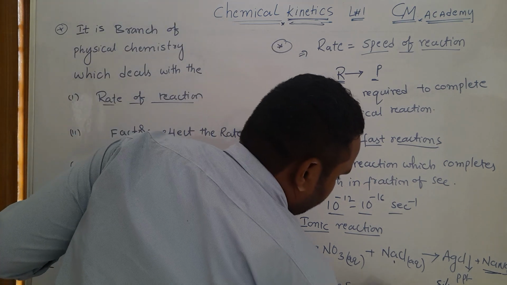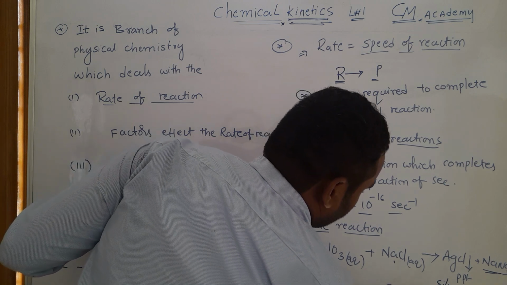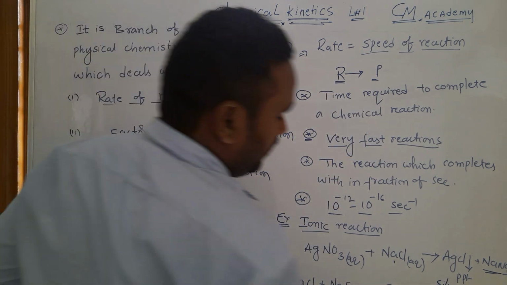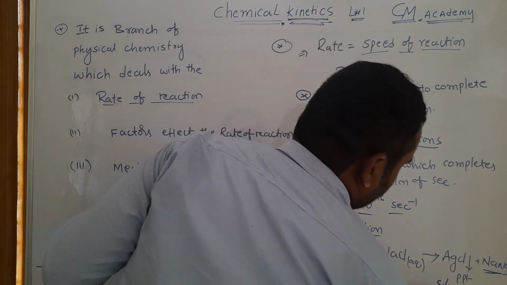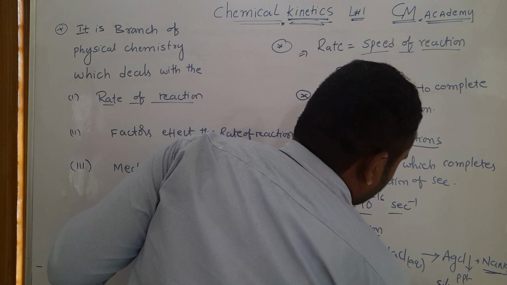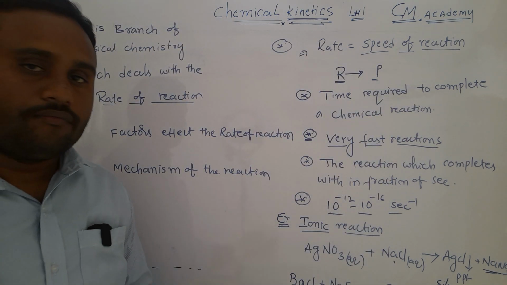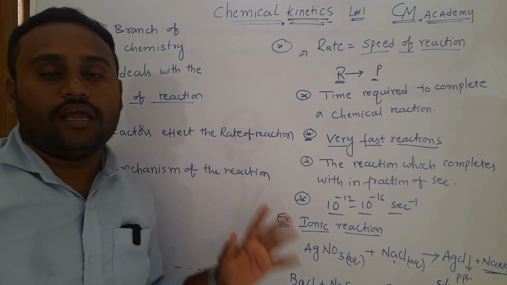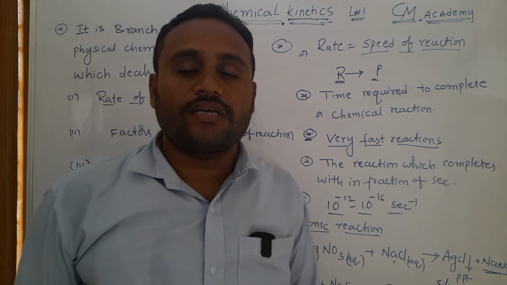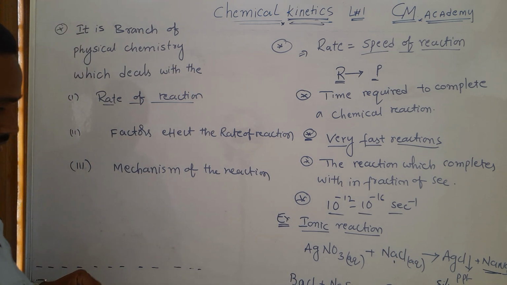They react together to produce barium sulfate, a white precipitate again, plus 2NaCl. So this is also a very fast reaction. Here ionic reactions are very fast reactions. Why are ionic reactions very fast reactions?